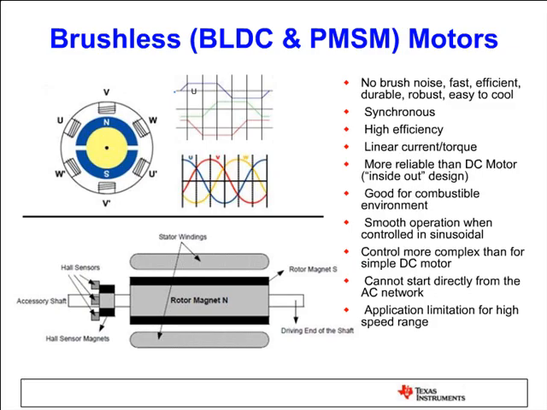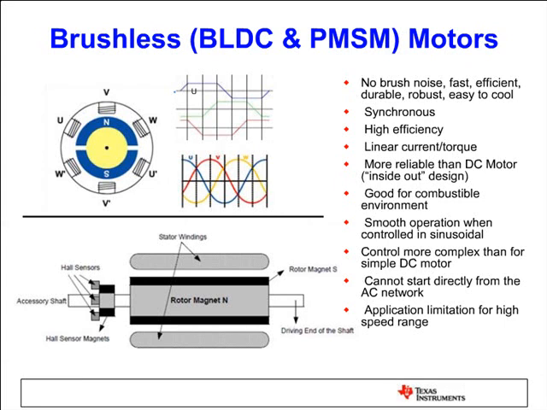Now, in addition to DC motors, today I'm going to talk about brushless motors. The previous motors were commonly referred to as brushed DC motors, and these types of motors are called brushless motors because they don't use brushes anymore.